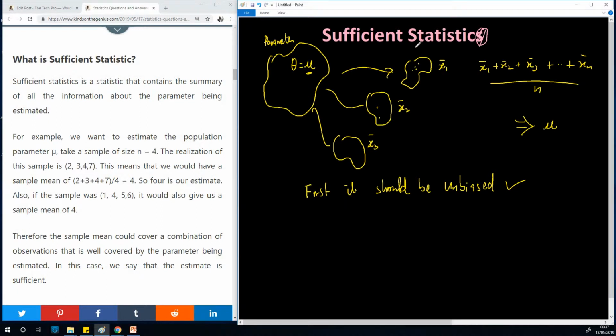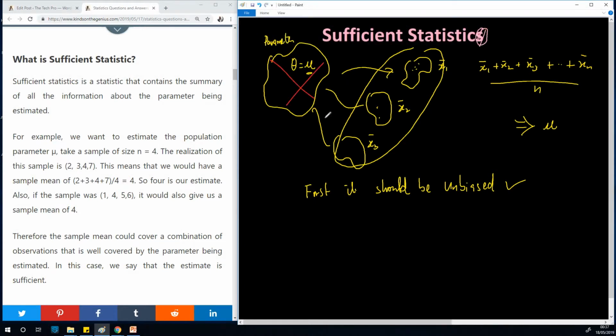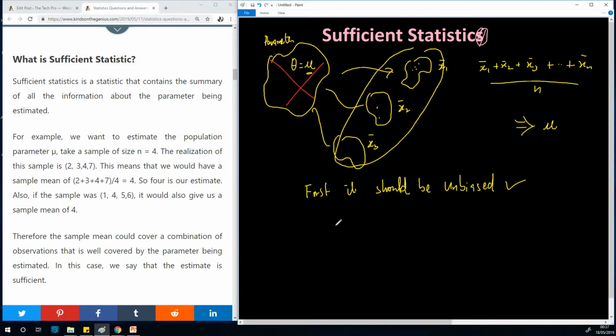So let's say we have all of this. Once we have this, now the main population is no longer important. So now let's see if we calculate, let's say, take a number of items to be 4. We take 4 items, n is equal to 4, and we take 2, 3, 4, 7.